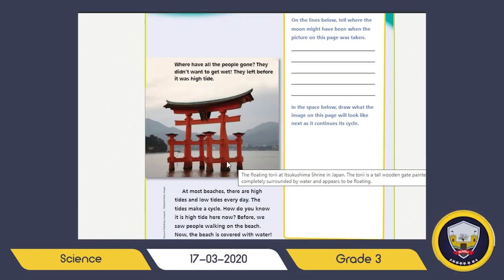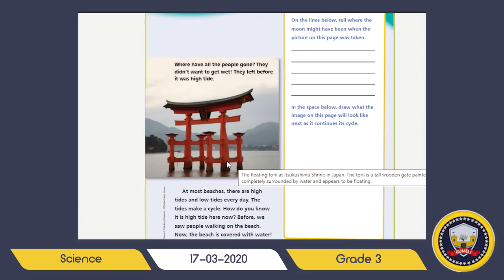It is high tide in the picture on this page. The moon would be above that ocean or on the other side of Earth from that ocean.